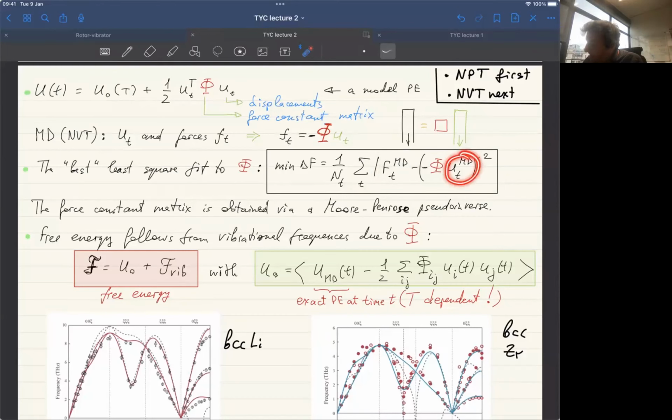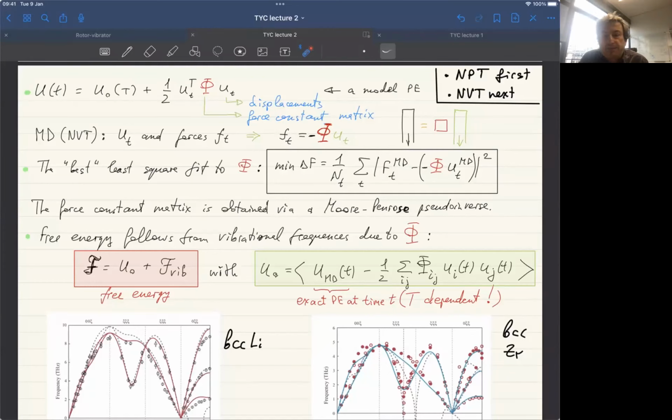Here you have atomic displacements at each molecular dynamic step t. And here you have the unknown matrix phi. So that product of phi and u would give you the expected force. And you would like to fit that phi such that the difference of these predicted forces and the actually observed forces F in the molecular dynamics, squared, would be minimum.